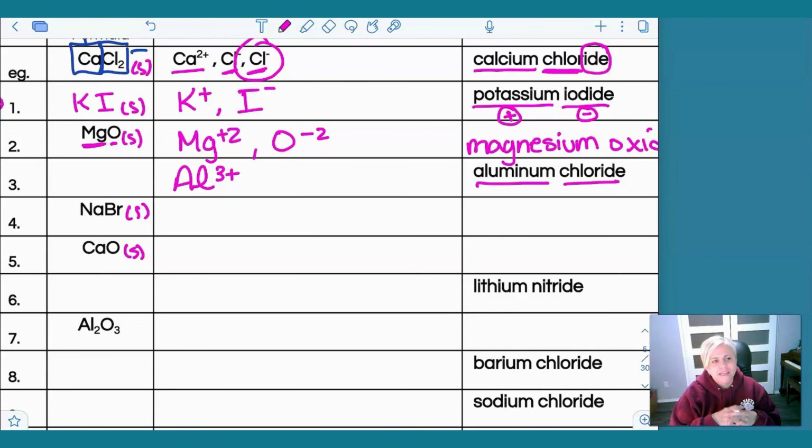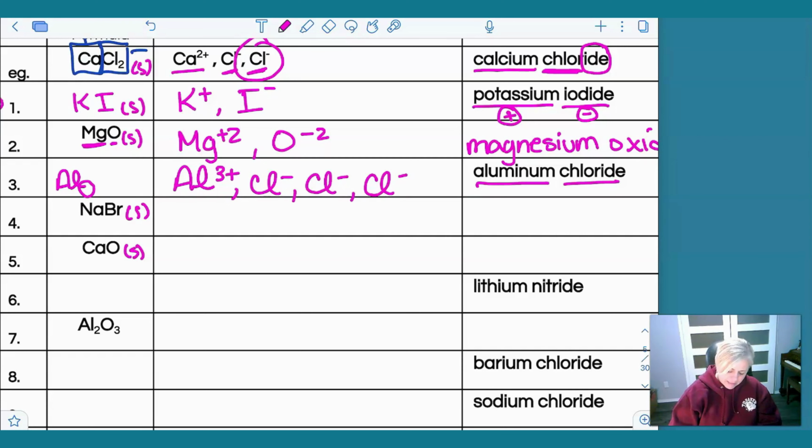So how many negative chlorines am I going to have to add to counter it? I'm going to have to add 3. So I would have Cl with a minus, another Cl, and another Cl. So how I would write that as a formula is I always start with the symbol, Al for aluminum. Now because there's only one, I don't write anything to the lower right side of it.